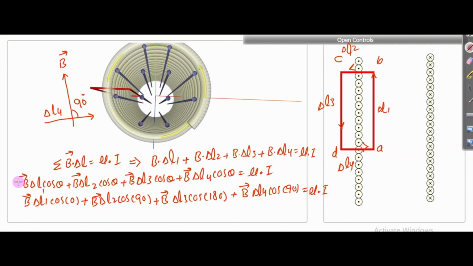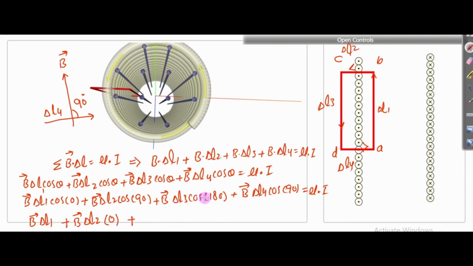enclosed. We know that cos 0 is equal to 1. So this becomes B del L1 with cos 0 replaced by 1, plus B del L2 with cos 90, and cos 90 is equal to 0.